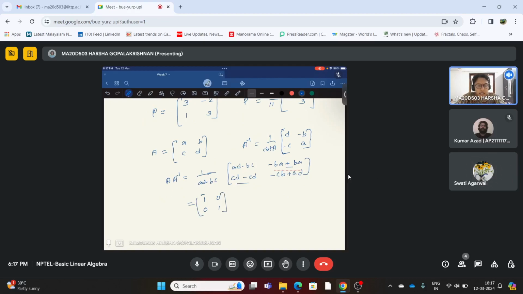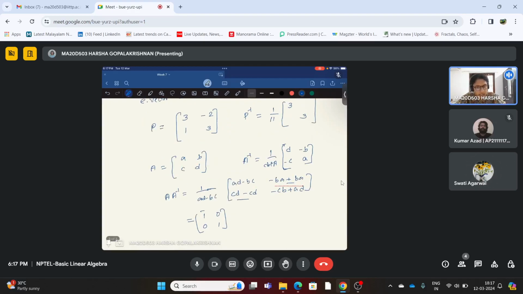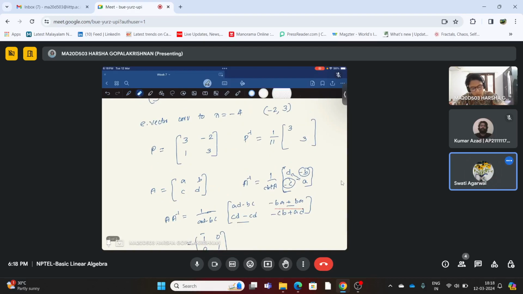So you can see what A inverse is here. Keep the determinant like that, interchange the A and D, and in these two positions just take the negative sign. For a 2 by 2 matrix, that's all: interchange the diagonal entries, and for the others just change the sign.